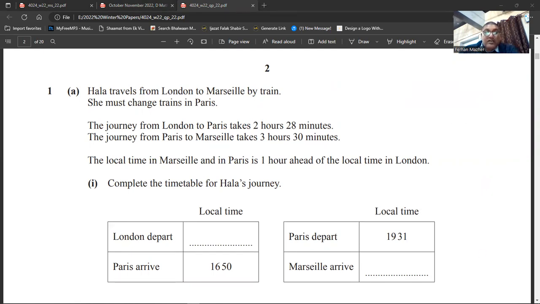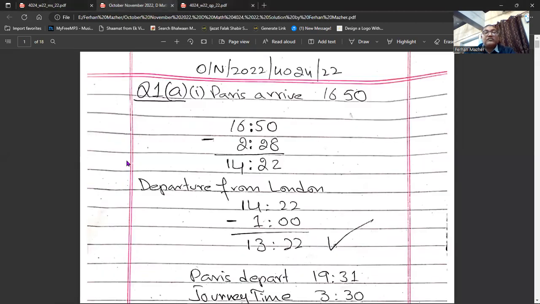London departure, we don't know, but the Paris arrival, I know that is 1650 according to the Paris local time. Because I know the journey time from London to Paris, that is 2 hours 28 minutes, from this time I will subtract 2 hours 28 minutes, and whatever the time, that will be the departure time from London according to the Paris time.